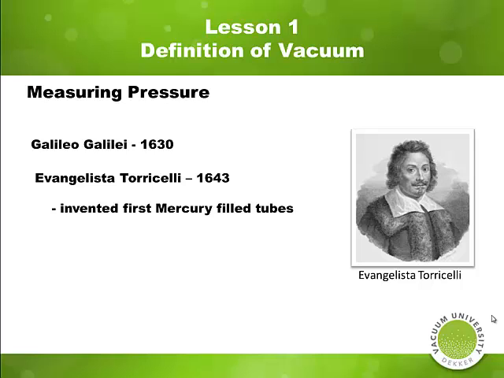Hence, Torricelli's name, shortened to Torr, was used as the first measurement of pressure exerted by the weight of a column of mercury. The weight of a column of mercury 1 millimeter tall became defined as 1 torr. This is essential for understanding how to measure vacuum and is still a term used today.